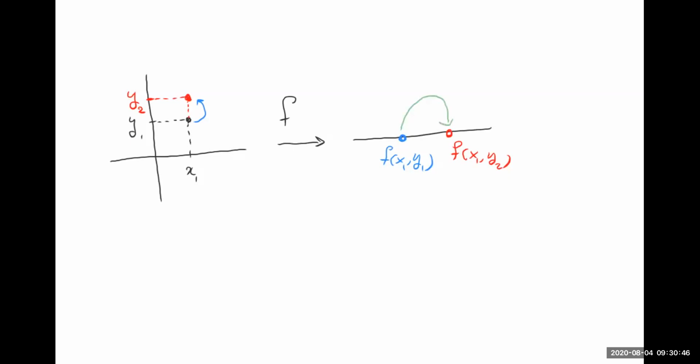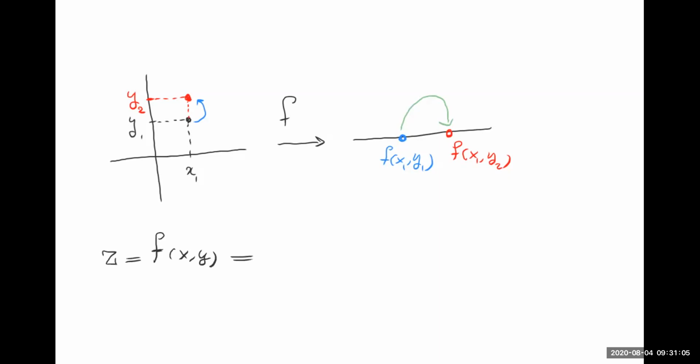Anyway, the question we might want to ask is how much the value of the function f would change if we change x or y a little bit, okay? So for example, suppose z is equal to f of x and y.